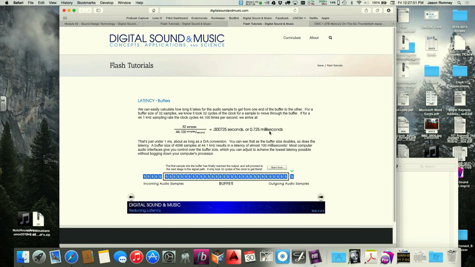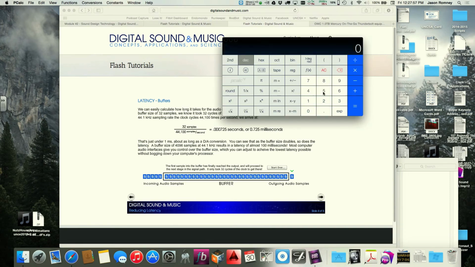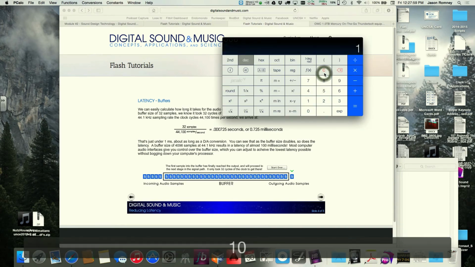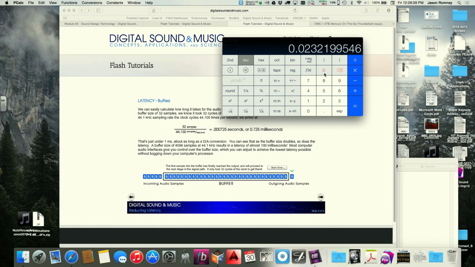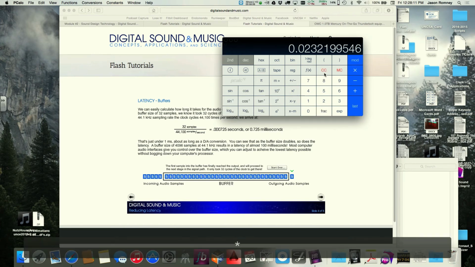That's no problem. But if your buffer was 1024, which is usually the highest one you can make, let's do that math. 1024 sample buffer divided by 44100. Now we're talking 0.023 seconds, so times 1,000, it's going to be 23 milliseconds.